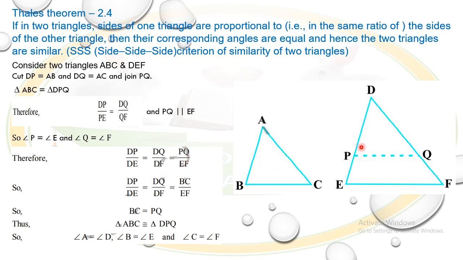Here what we have done: as angles are equal and PQ is parallel to EF, from Thales theorem we can write DP divided by DE is equal to DQ divided by DF and also PQ divided by EF. Meaning one side of one triangle will be proportional to the corresponding side of the other triangle.